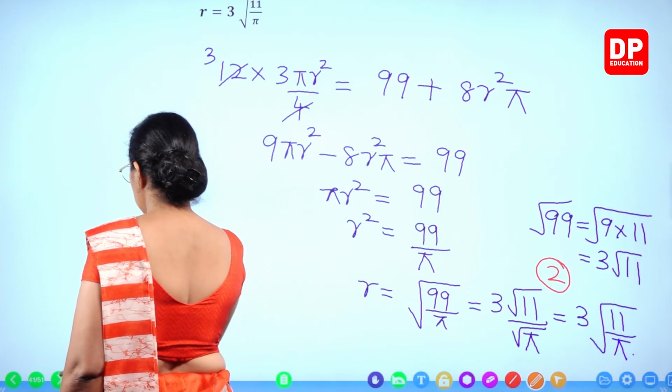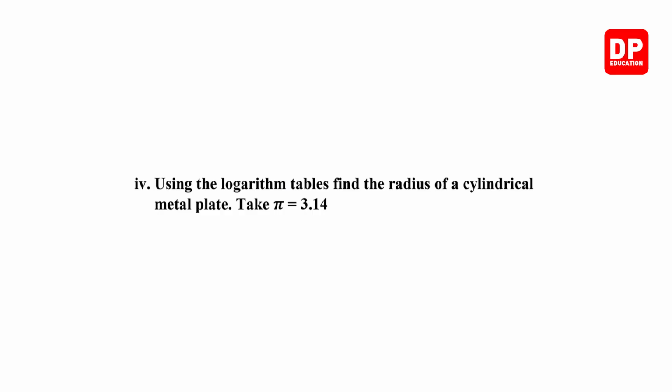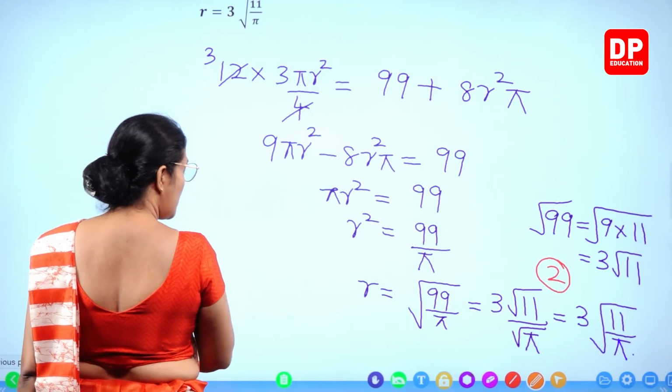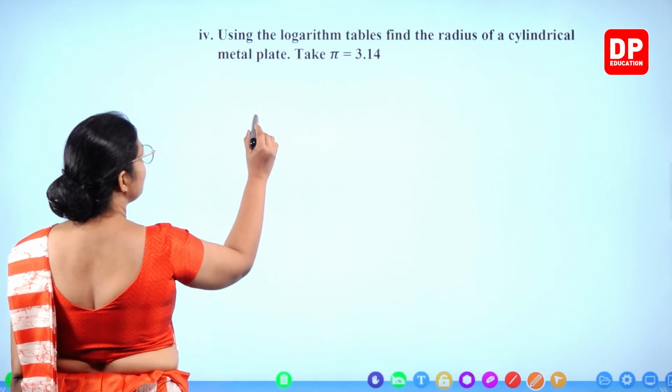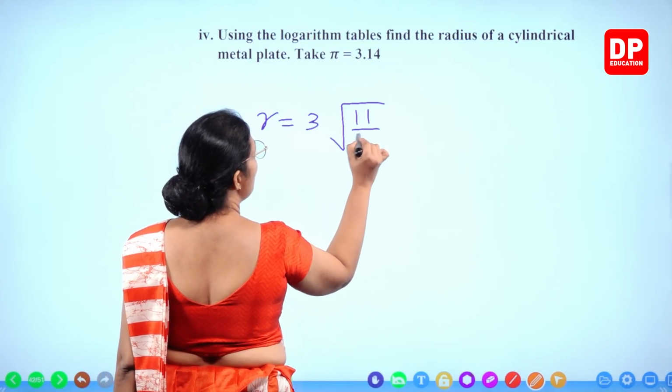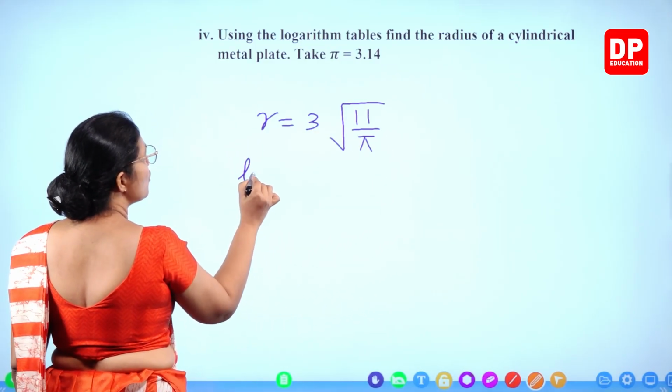Then the last part, using the logarithmic tables, find the radius of the cylindrical metal plate. Take pi as 3.14. So what's the equation? r equals 3 times square root 11 over pi. Now take log both sides.